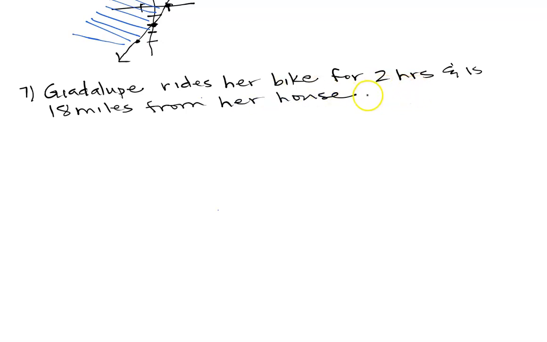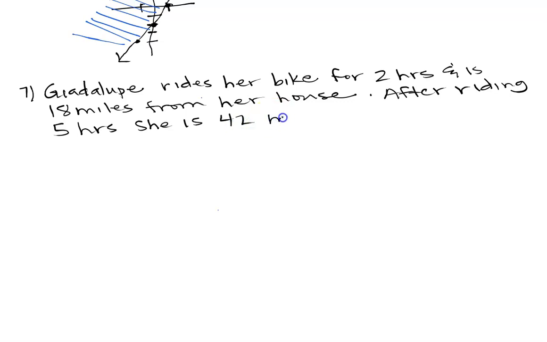After riding 5 hours, that's a long bike ride, after riding 5 hours, she is 42 miles away. What is Guadalupe's average rate of change?